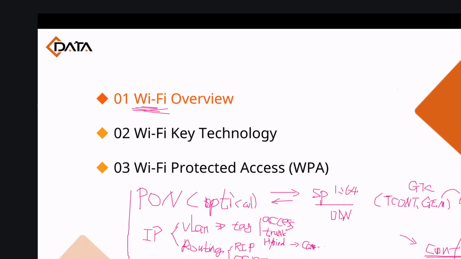We just use it. So before we go to the configuration for the internet service, for the VoIP, I will introduce the Wi-Fi, and then we go to the configuration.